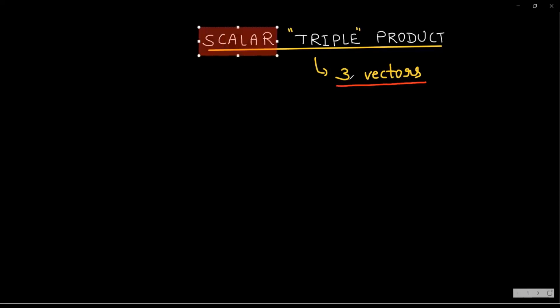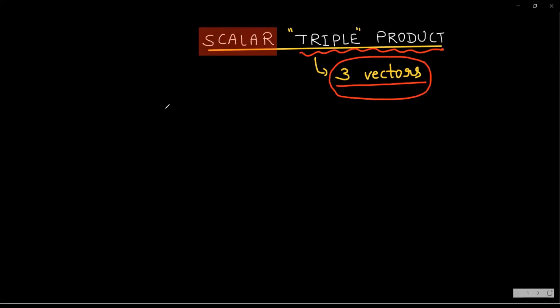When I multiply the 3 vectors, I get the product of 3 vectors, which is why it is known as triple product. But the final product which I should get, what should it be? It should be a scalar. That is why we call this scalar triple product.